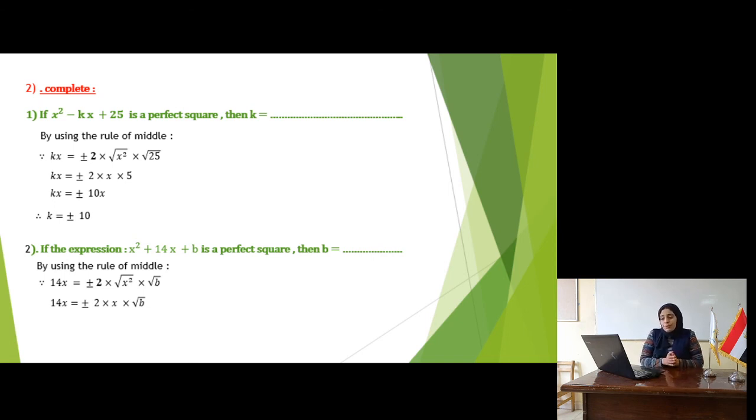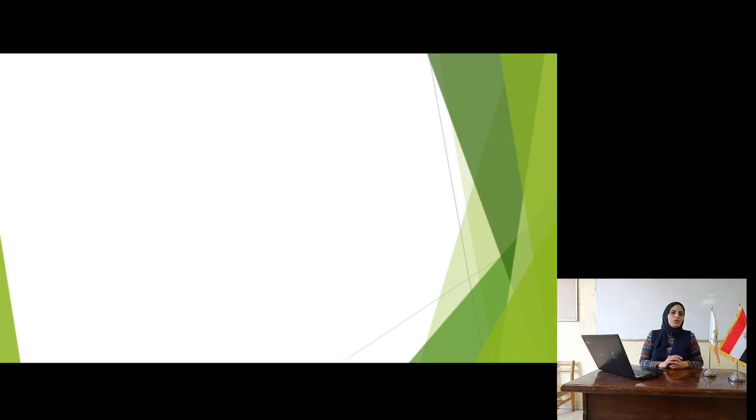So for the square root of b, we will cancel x with x. So the square root of b equals 7. By moving the square root to the other side, it will be to the power 2. So b equals 49. That's all, and thank you for listening.